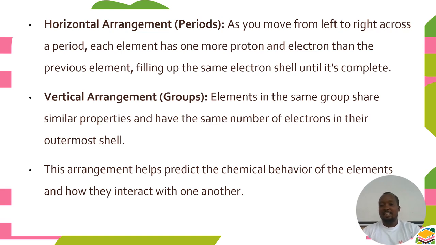As you will see in the other slides, elements in the same group share similar properties and have the same number of electrons in their outermost shell. This arrangement helps predict the chemical behavior of the elements and how they interact with one another.